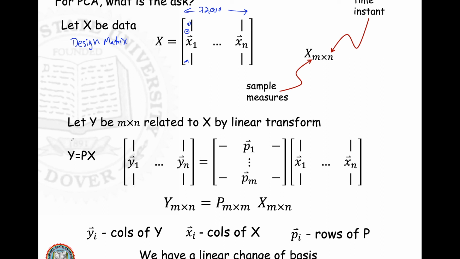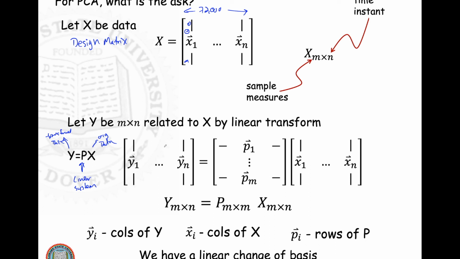X is our original data, Y is the transformed data, and P is our linear system describing the transformation on the original data.